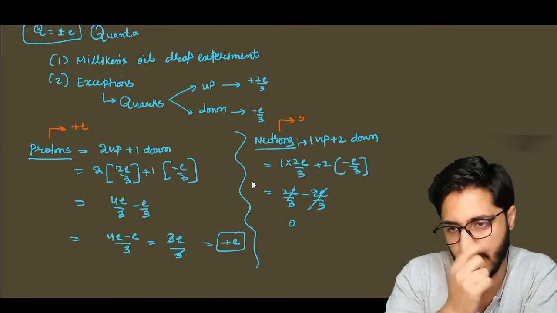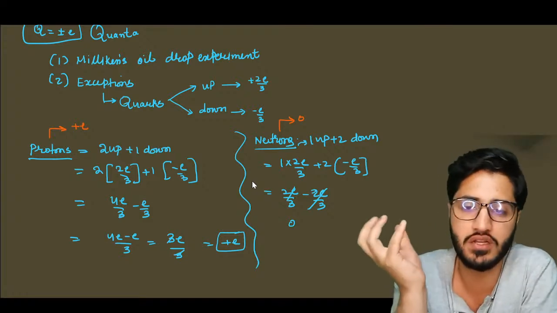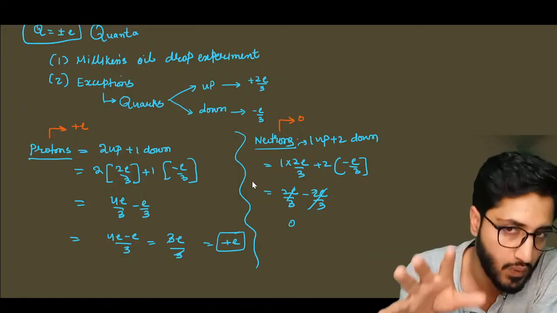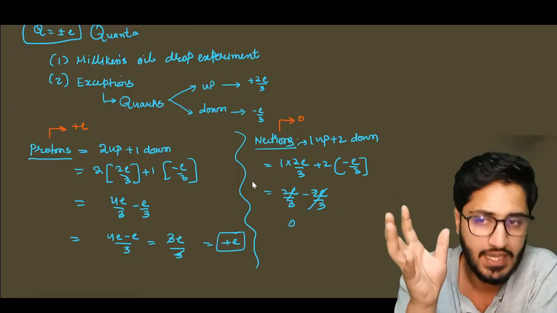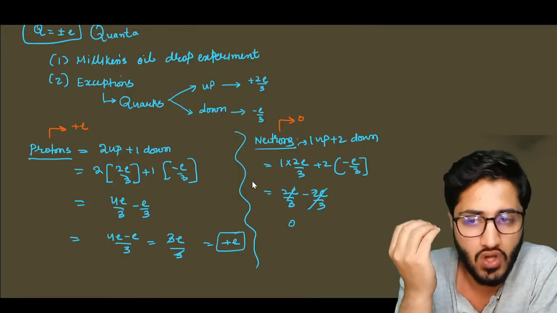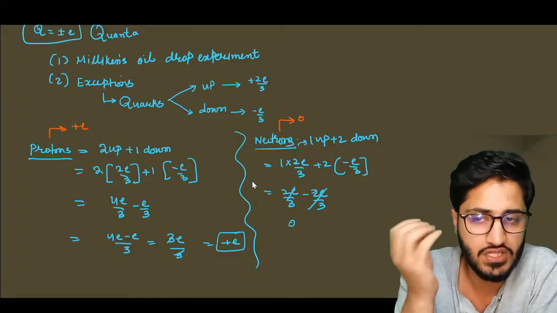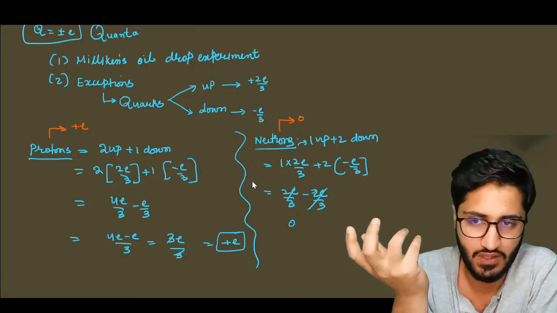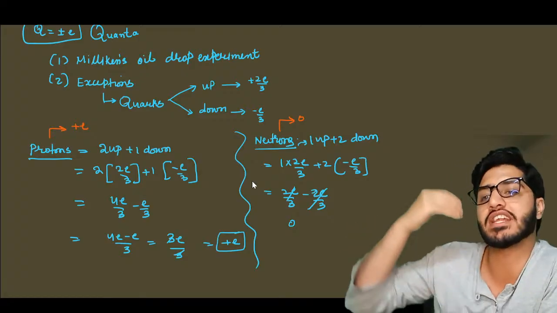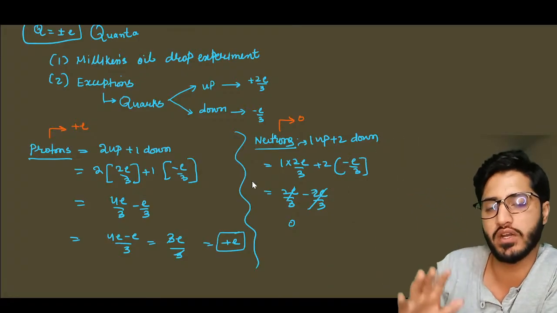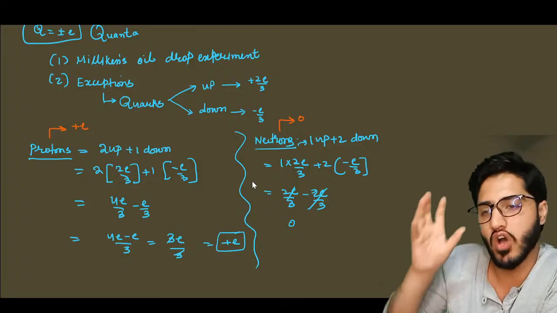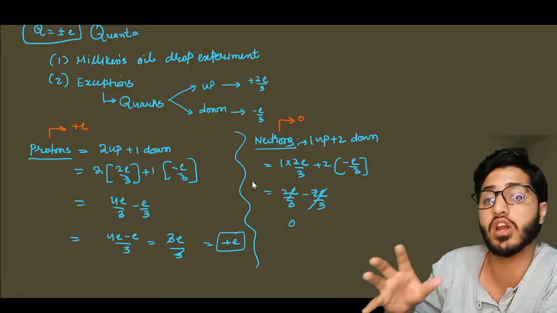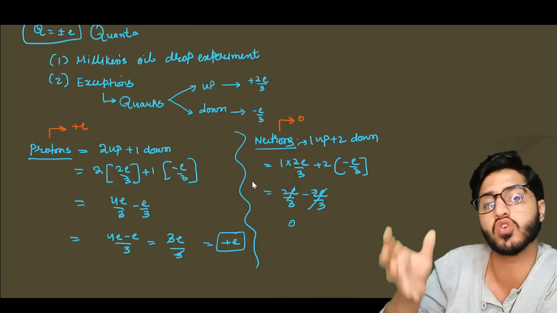Then why don't these quarks get transferred from one body to another? It is because these quarks don't exist independently. Before being transferred from one body to another, the quarks get transformed into a proton or neutron.